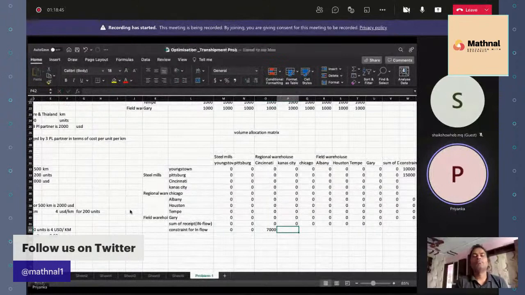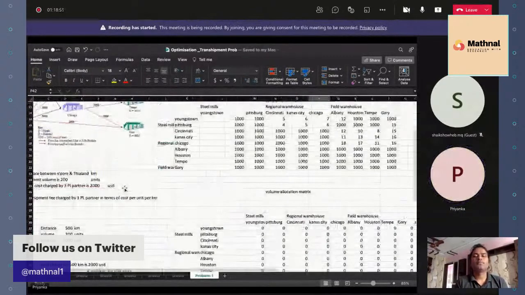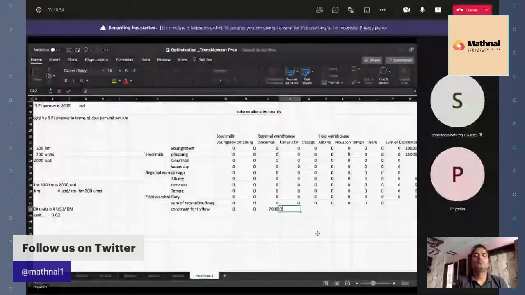Similarly, Kansas City, make it 7,500. Right now, 6,000 is there. Make it 7,500. 7,500 plus 7,000 is how much? 14,500.